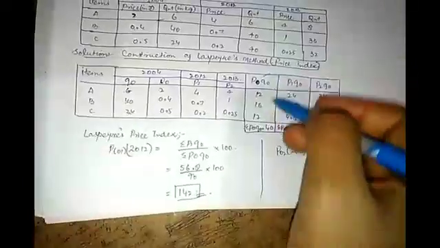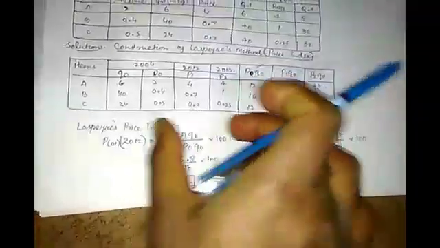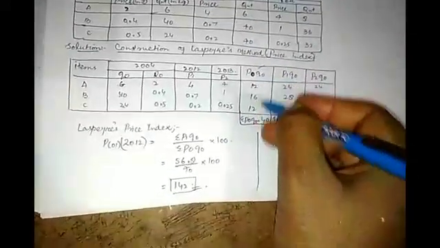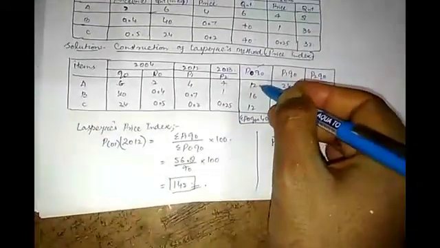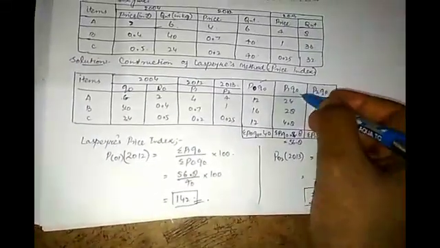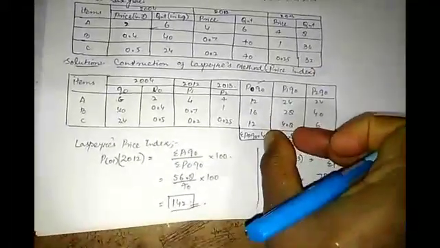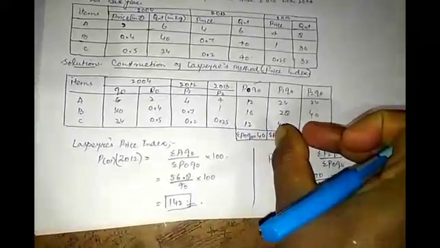Then we derive P0Q0 by multiplying P0 and Q0, respectively for A, B, and C. Then we see P1Q0, and we multiplied them and found the values for items A, B, and C.